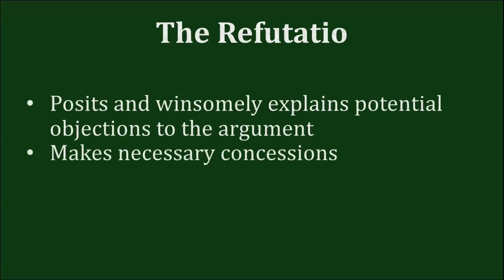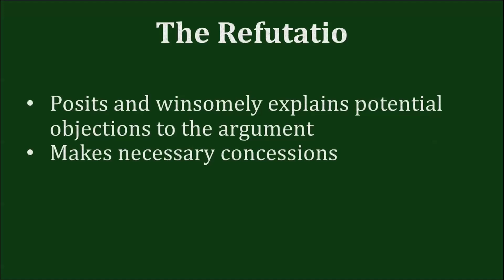Secondly, the refutatio makes necessary concessions, right? We're not talking the hot dogs that you get at a baseball game. By concessions, I mean that you want to concede, you want to accept the truthfulness of certain aspects of your opponent's objection. You obviously don't agree with their objection. You don't think that their objection dismantles your argument.